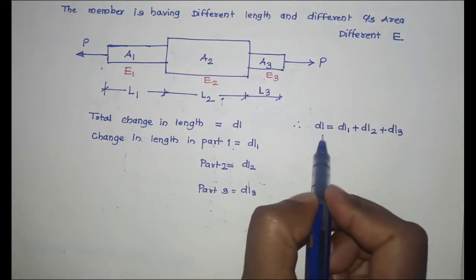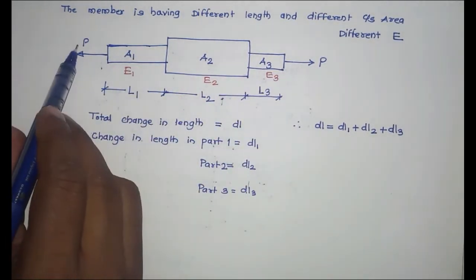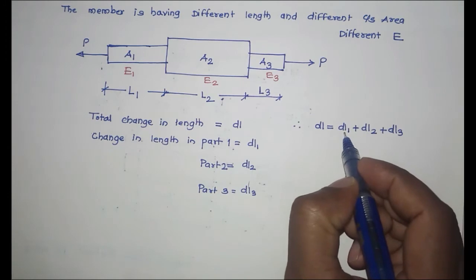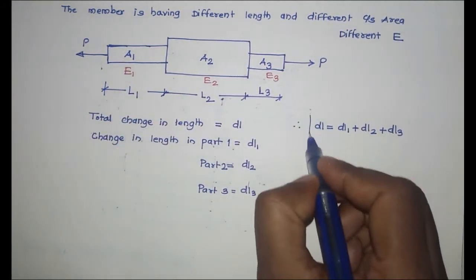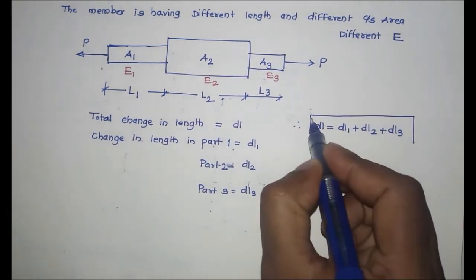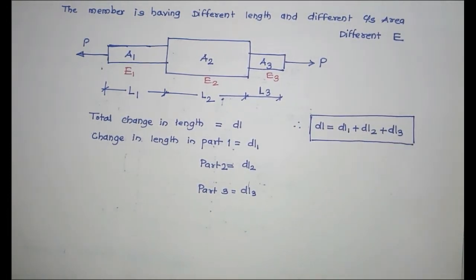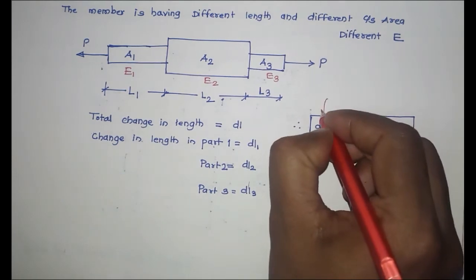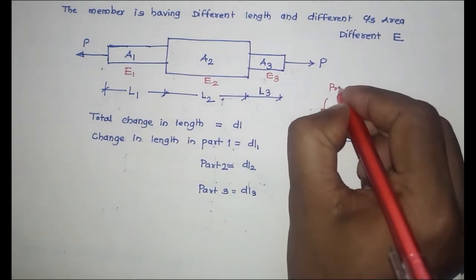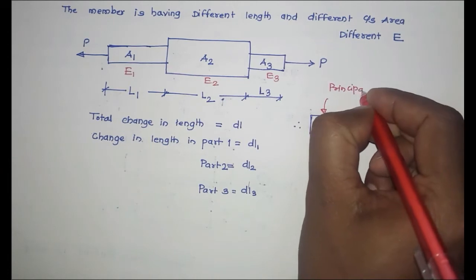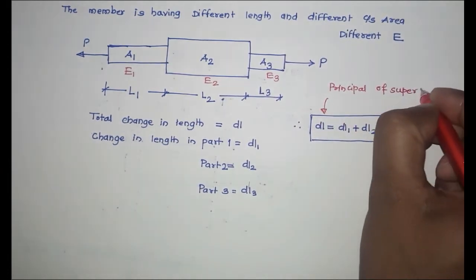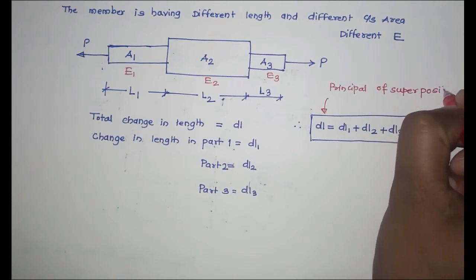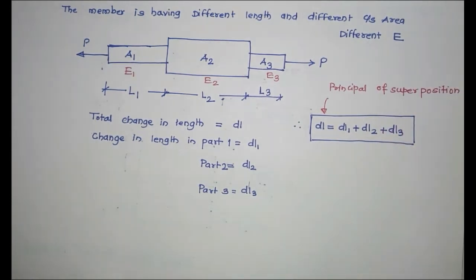That means the total change in length of this entire object because of the force P is equal to the sum of the individual change in lengths of an individual part because of the force P, and this is a very, very important concept, and this is based upon the principle of superposition.